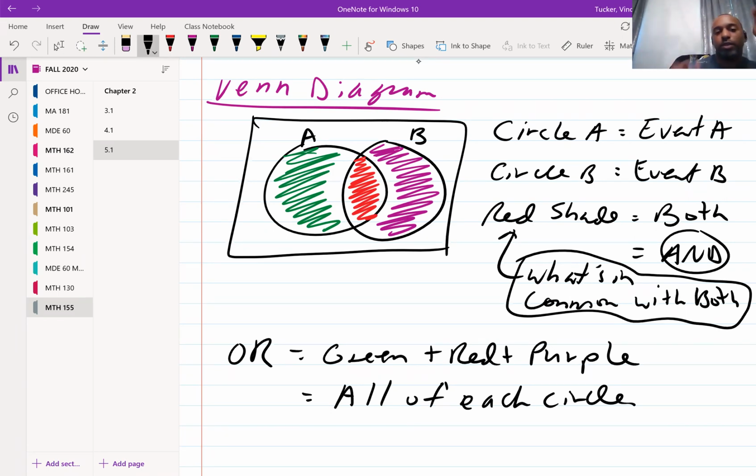So "or" is giving you a choice. You can either just be A, you can just be B, or you can be both of them. So that's what "or" is. Wherein, as I mentioned, going back to "and," it is only going to be the red shade. What do they have in common? That's "and." "Or" is all of it.